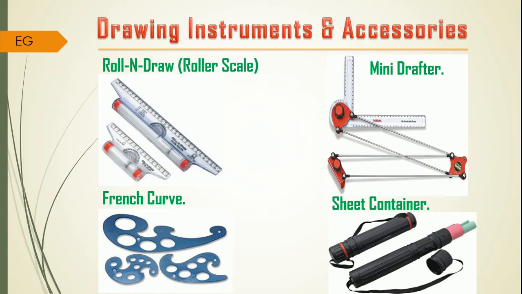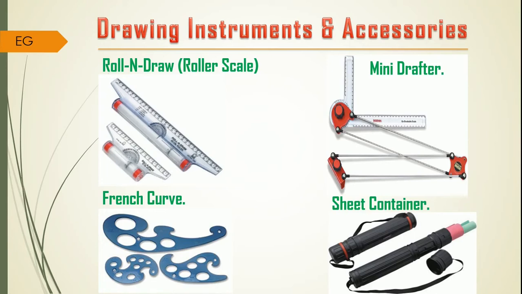It is usually used to draw parallel lines, either horizontal or vertical. By rolling the roller up and down, we can easily construct the parallel lines. So for that purpose we have one instrument called roll and draw, popularly called the roller scale.